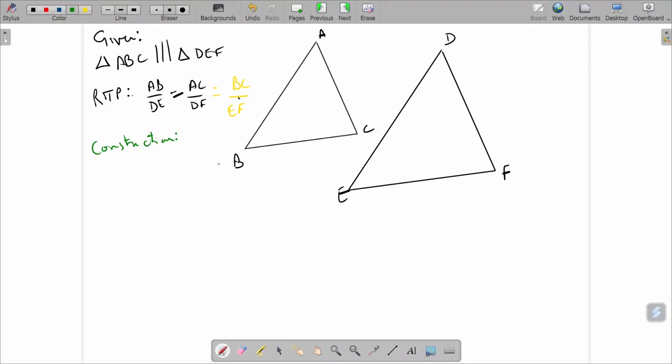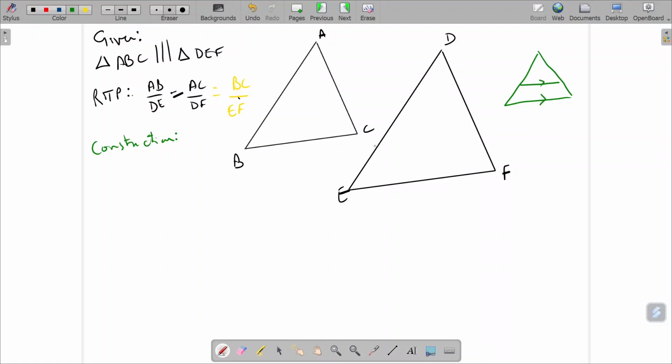Now, how is this situation different from the previous situation? Well, if you think about it, here I've got two separate triangles. They are not overlapping one another. Whereas in the previous proportion theorem, I had something that looked probably something similar to that. One triangle embedded inside another triangle.